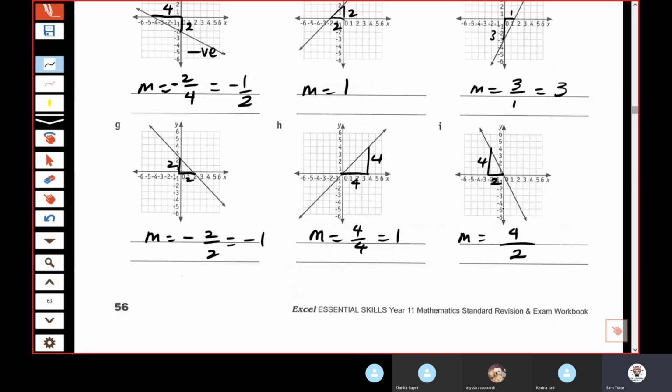We can only run positively, so 4/2, but this whole thing is sloped to the left, which is a negative, so my answer is negative 2. All right, any questions? Did I go too fast, or was that okay for everybody? All good.